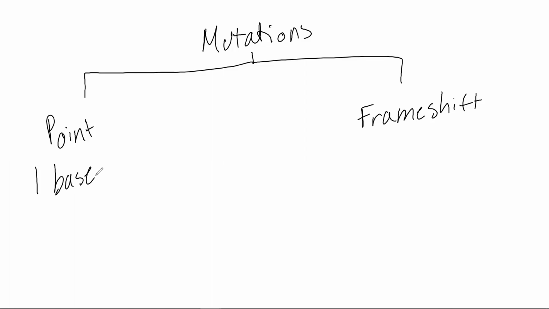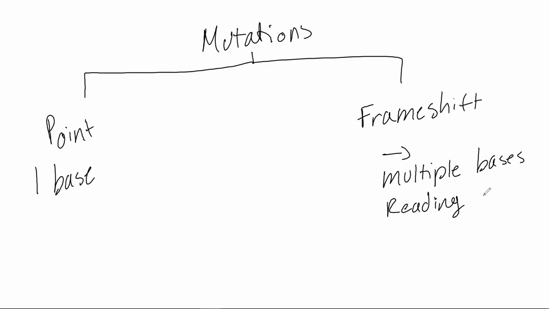A frame shift mutation shifts multiple bases, or the reading frame. That's the key thing you need to remember, right? A point mutation only affects one base. A frame shift affects multiple bases because it shifts the whole reading frame, right?